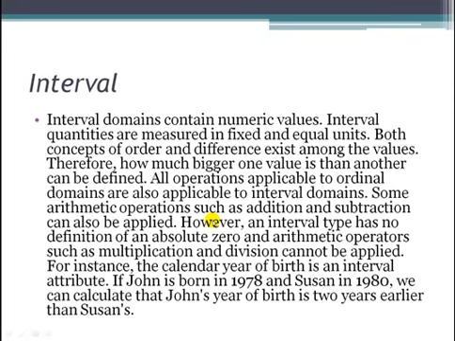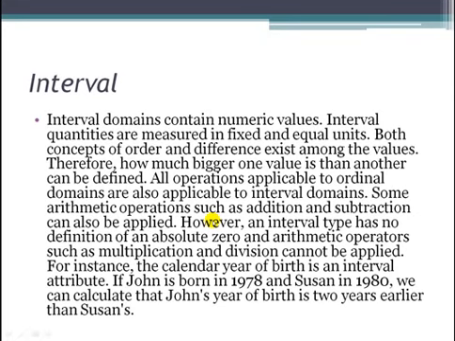That's because 0 doesn't represent the absence of whatever it is that we're trying to measure. So 0 doesn't mean that there's no temperature. On the other hand, if we use the Kelvin scale, where 0 is minus 273 in centigrade, then that 0 does have a meaning.